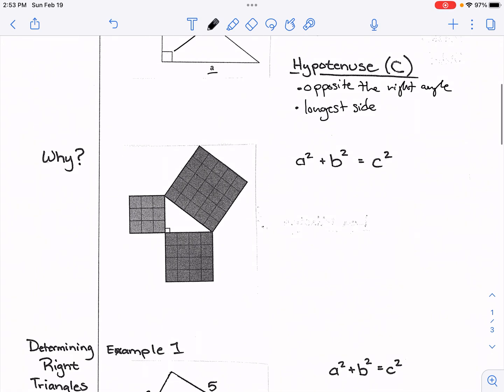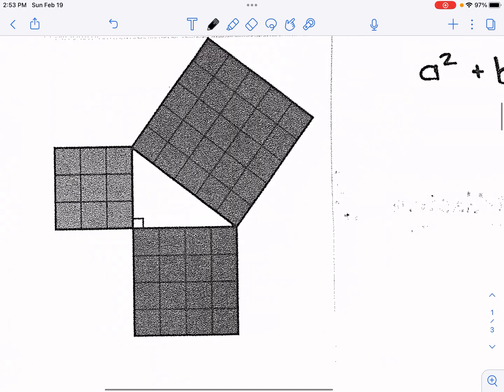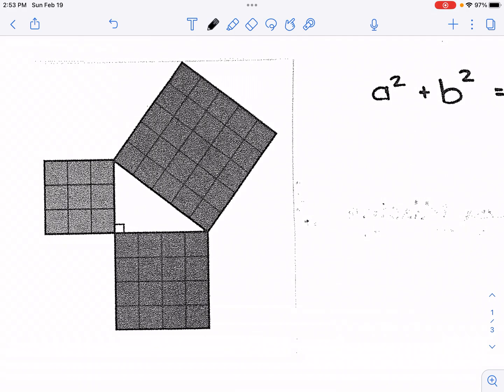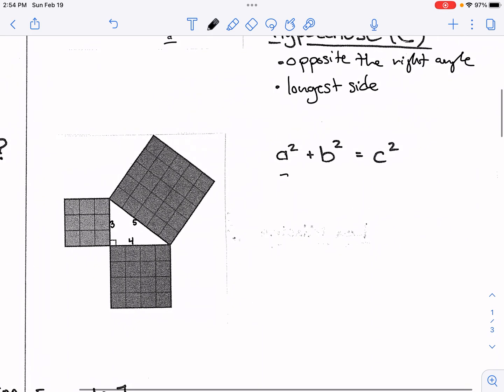Okay, we're going to prove the Pythagorean theorem. So why is this thing true? So using this diagram off to the left, let's plug this in. So the left side has a height of 3. The width has a length of 4. And the hypotenuse, if you count the squares, has 5. So if we plug those in, I'm going to put them in that order. 3 squared plus 4 squared is equal to 5 squared. Right, 3 squared is 9.